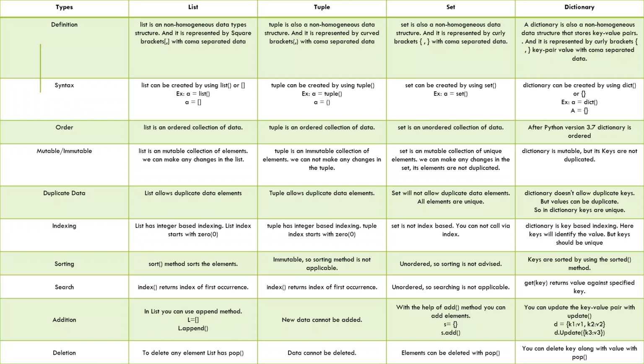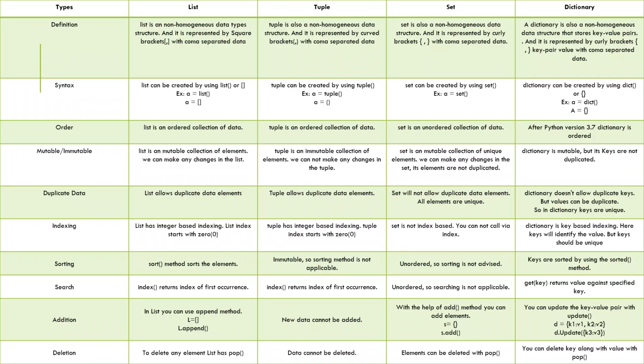Set will not accept duplicate values. At the backend they have a hashing technique, and because of that, set does not accept duplicate values. Set only contains unique values, and set is a mutable collection, so we can make changes in the set. Its elements are not duplicated.